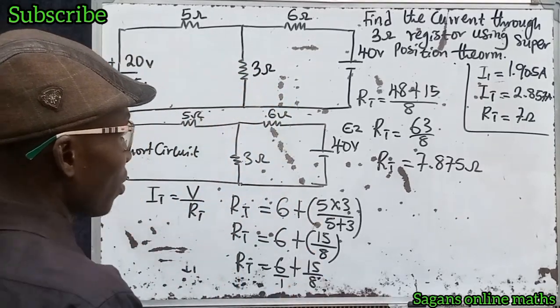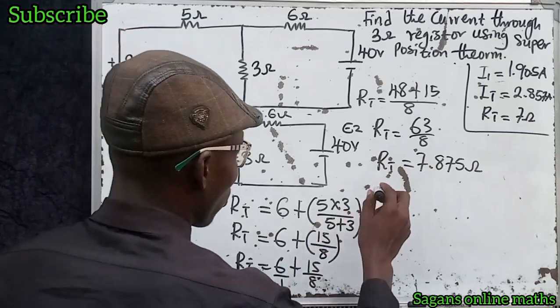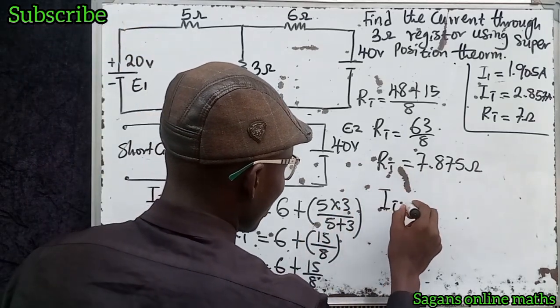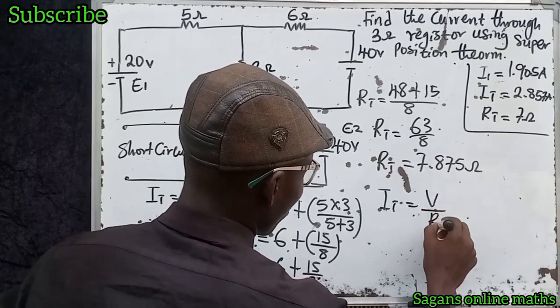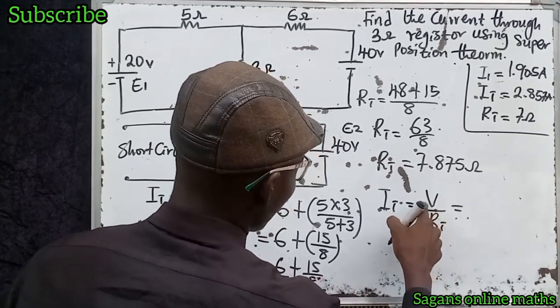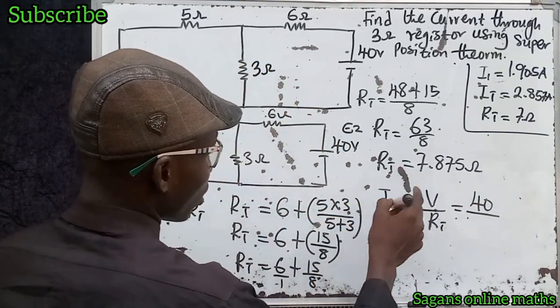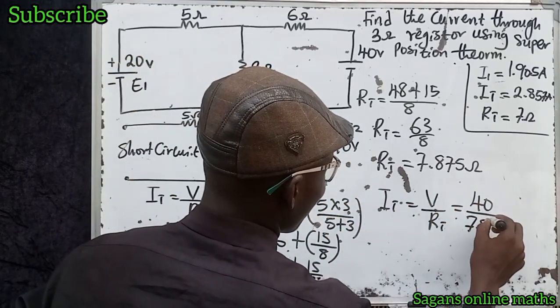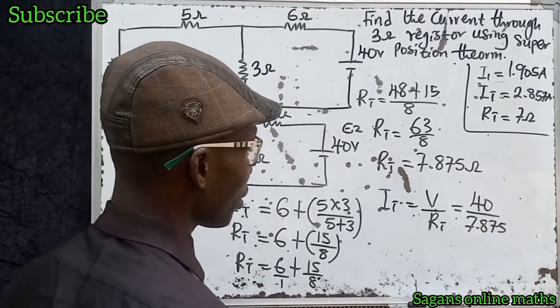Now this is beautiful. Now we have our total resistance. Let's look for our total current. That means the total current, I subscript T, is equal to V over R subscript T. Our total voltage is 40 volts. So this is 40 divided by the total resistance, 7.875.